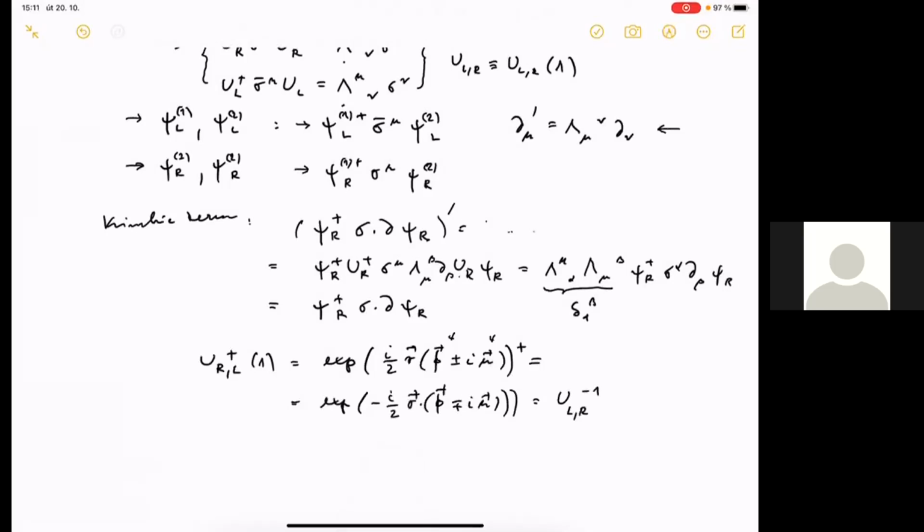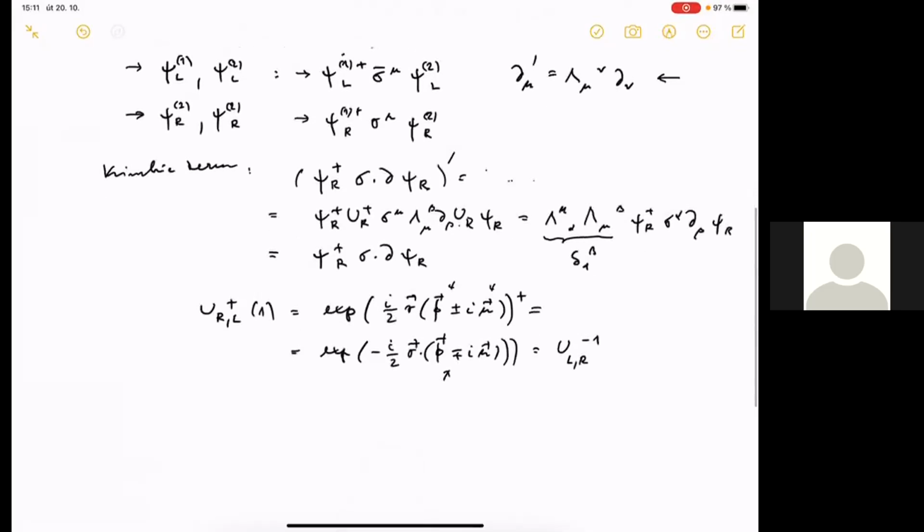Simply here the sign changes, and again here the sign is changed. So we have such a useful relation, and this allows us to form scalars from left and right spinors.